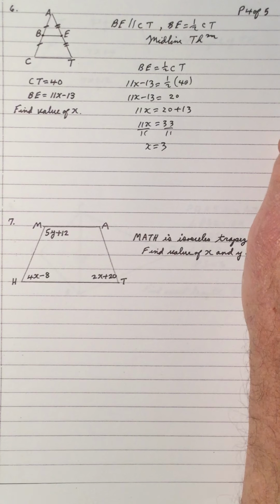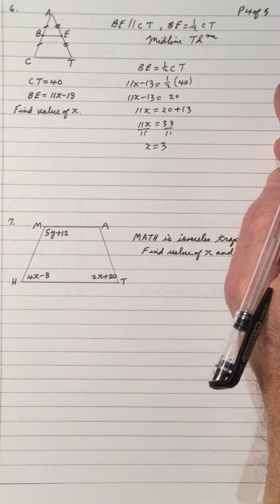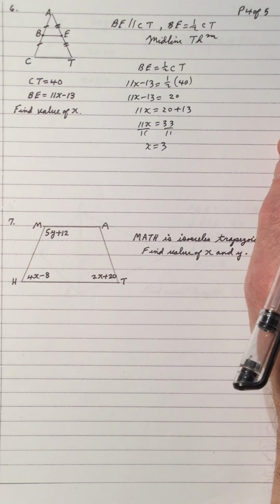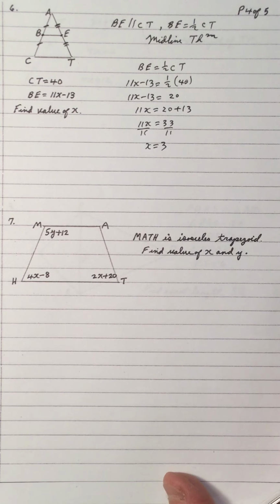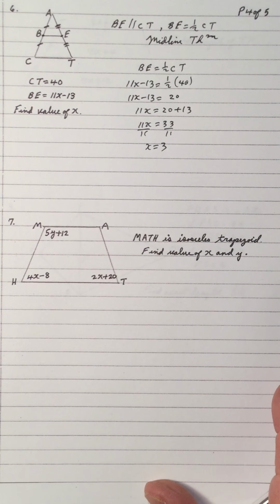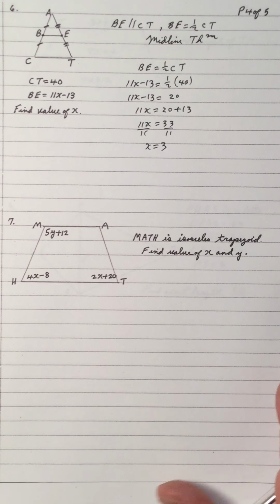Again, it's the midline theorem that we did the proof on earlier, and we use the midline theorem to do some proofs. Number 7, again, don't forget to pause the video and work these out before I do. See if you can comprehend or understand how to get the equation and how to solve.